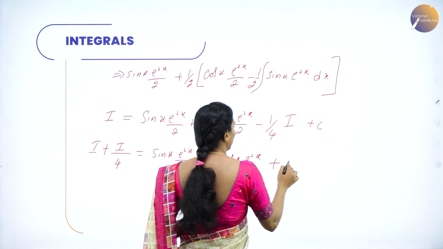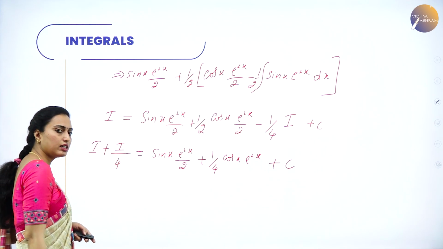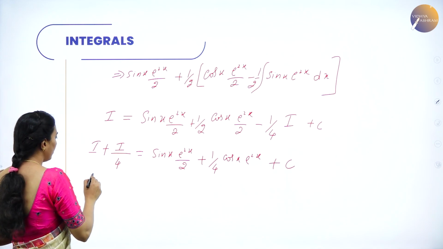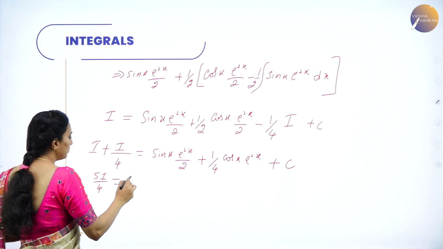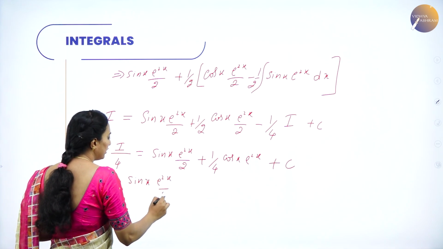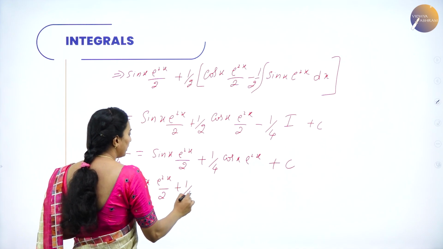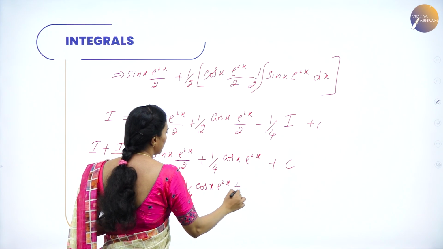So plus c you can write it. Now therefore, further simplification, 4I plus I is nothing but 5I. So therefore 5I divided by 4 is equal to sin x into e power 2x divided by 2 plus 1 by 4 into cos x into e power 2x plus c.